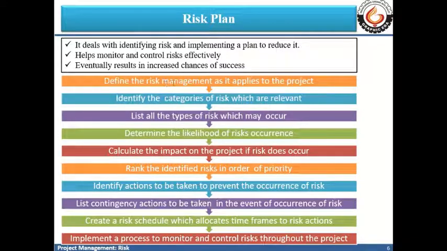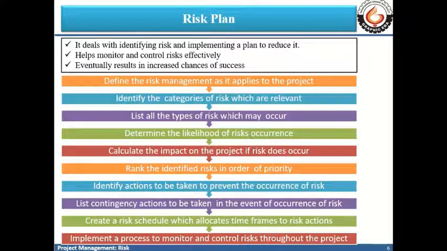So first you define risk management in the context of that particular project. Then you identify the different categories of risk which are relevant to your project. After that, you list the different types of risk which might occur in the context of your project life cycle, and then associated with the different types of risk, you estimate the likelihood, or how much is the chance of occurrence of these risks.